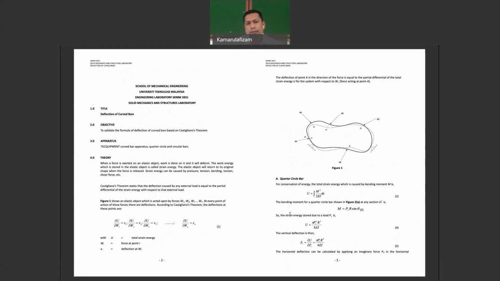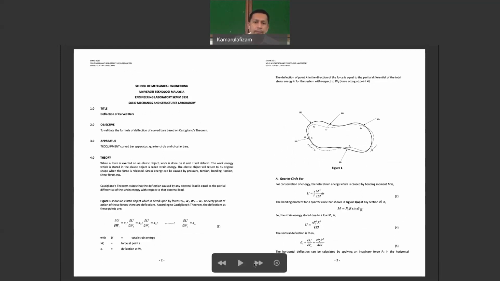And using the information there, you can recalculate the theoretical value that you can get using the experimental setup, the test rig, as well as the formulas given.